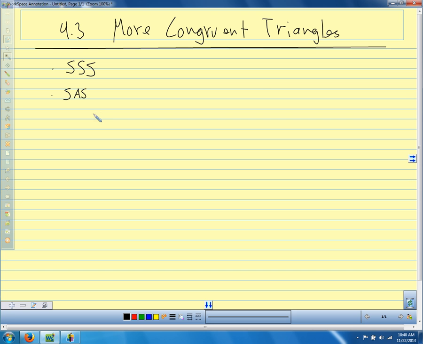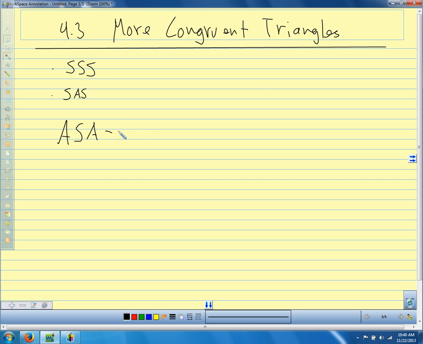We're going to talk about two more ways that we can show that triangles are congruent. Our first new way today is called ASA, and that is on your graphic organizer in the upper right.